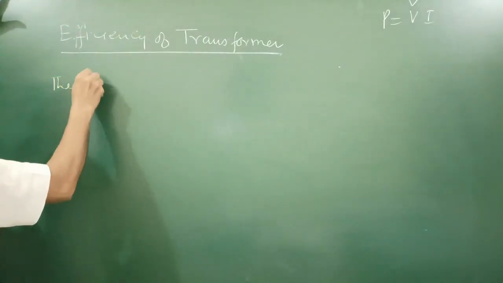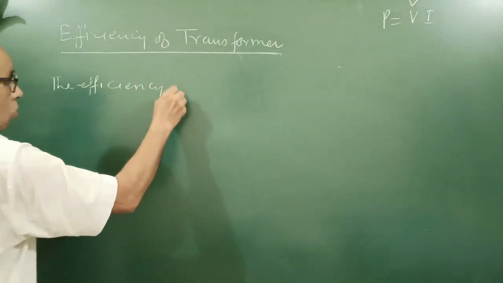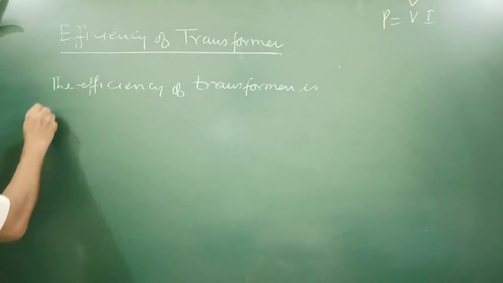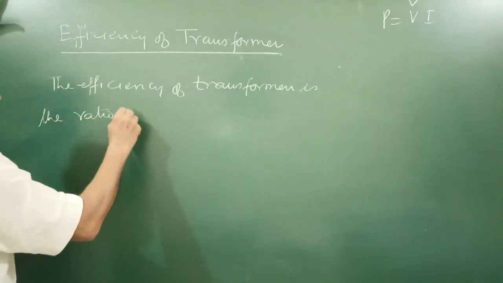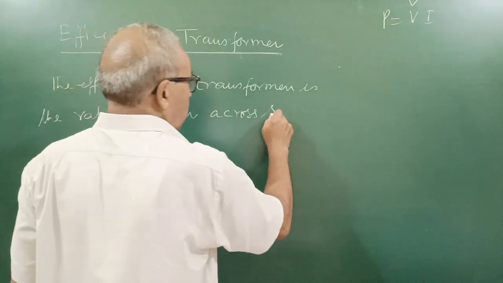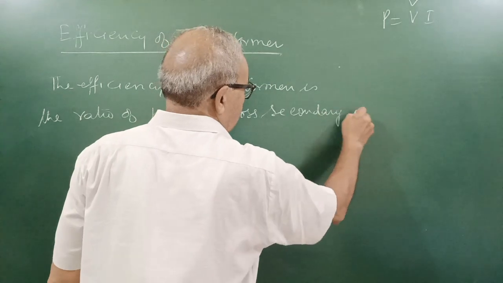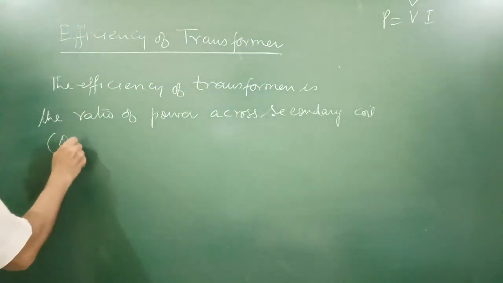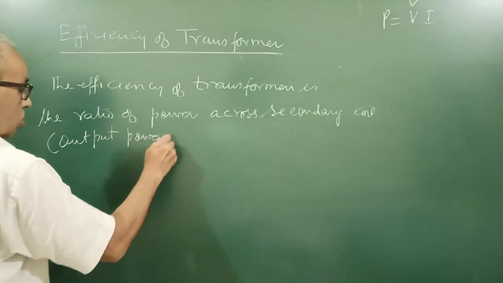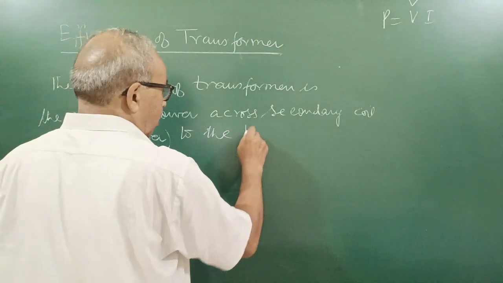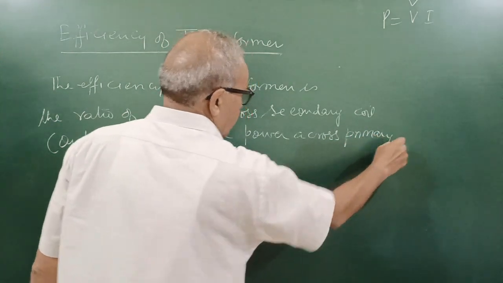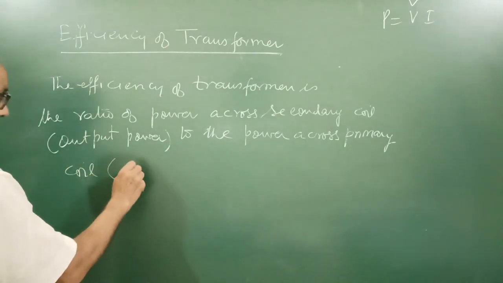The efficiency of a transformer is the ratio of the power across the secondary coil, which is called output power, to the power across the primary coil, which is called input power.